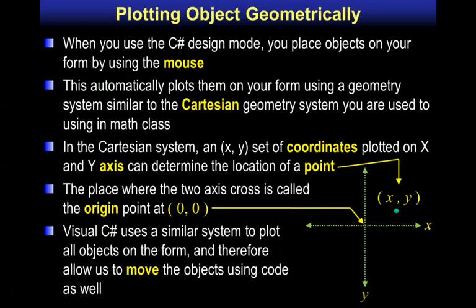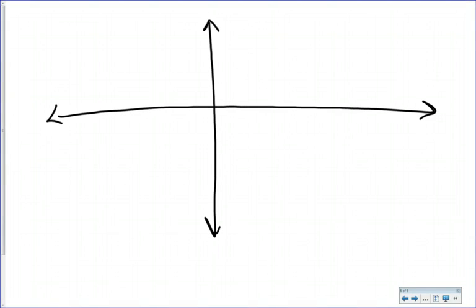So if you think about the way graphics work, okay, let me just ignore this screen for a second and jump over to the Smartboard. Okay, so you guys know from your training in math, the Cartesian geometry system. You've been taught it for a long time now. You know that there are these two axes, right?